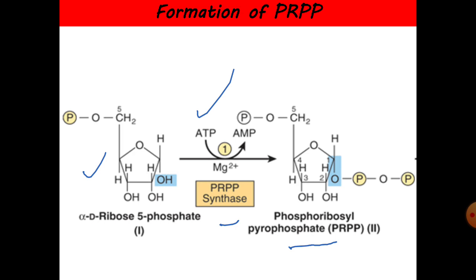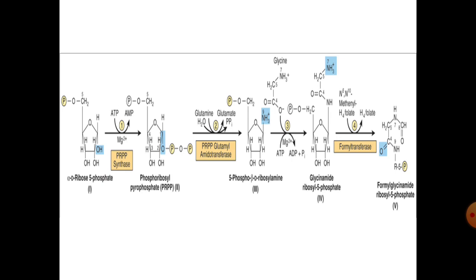So, now we have got our beginning product. This is common for both purine and pyrimidine.